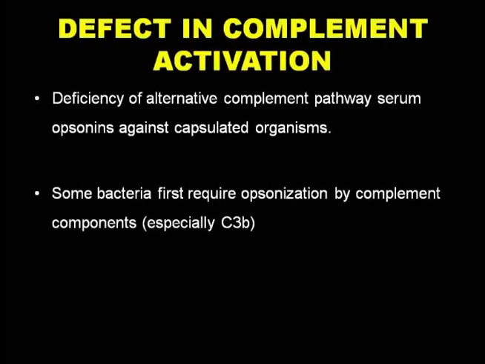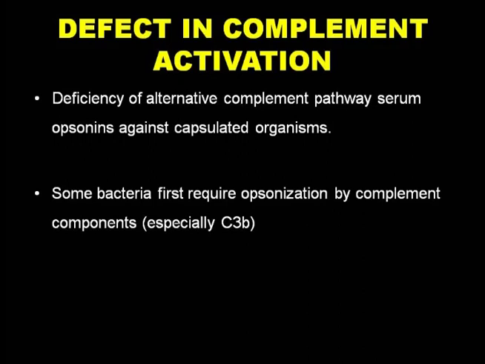The other thing that causes them to have infections is a defect in their complement activation. Again, it all results from the asplenia. They get a deficiency in the alternative complement pathway, so opsonization doesn't take place. Whereas some bacteria can be directly recognized by the macrophages and are killed off immediately, these encapsulated organisms, which the sickle cell children are more prone to, have to first undergo opsonization.